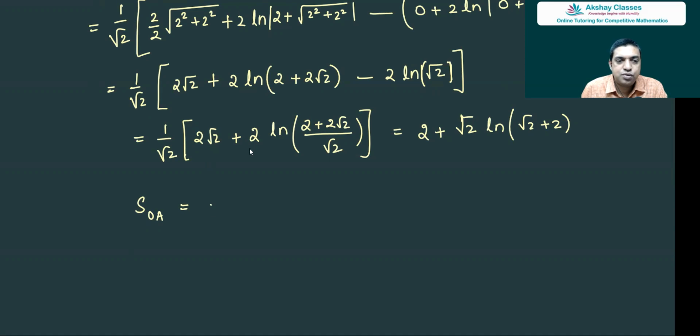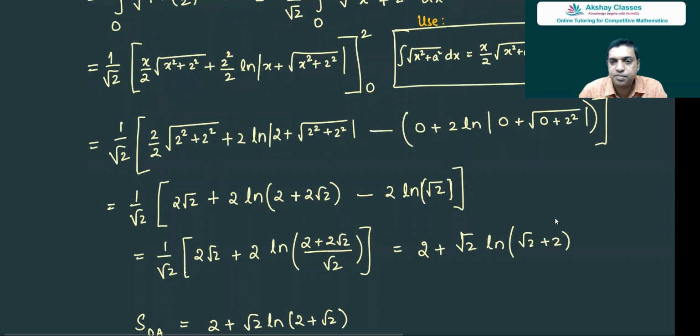Yes, correct. We can again take root 2 common and do it. It will be log 2 in the last term. Oh, correct. You're right. I'm sorry. It will not be log root 2. It will be log 2. Thank you.